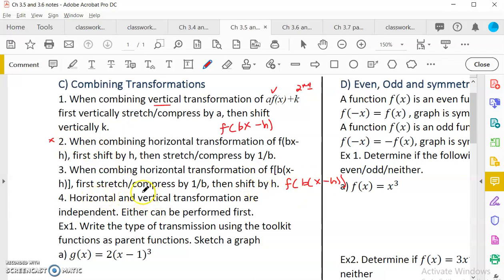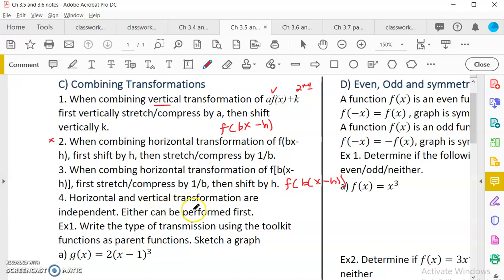And then number 4, the thing you need to remember is, when you're doing horizontal or vertical, they are independent of each other. So you can do all the horizontal stretch and translation or shift first, and then you do the vertical stretch.